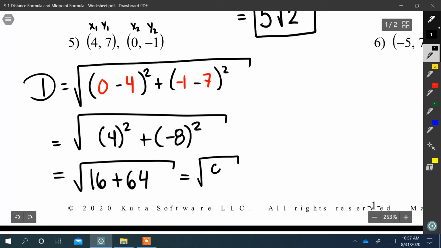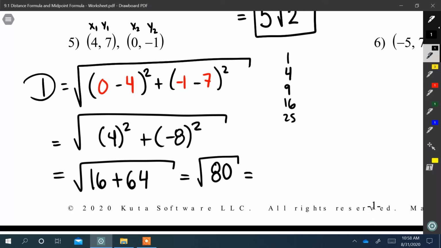Yeah, 80. And now we want to simplify that square root. The way we want to do that is break it apart. Use perfect squares. Remember, perfect squares are 1, 4, 9, 16, 25. So you want to break it apart in such a way that it breaks out easily.